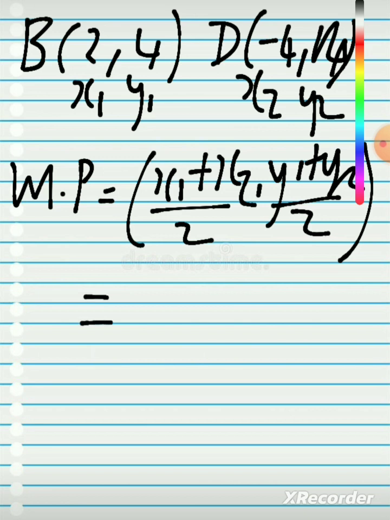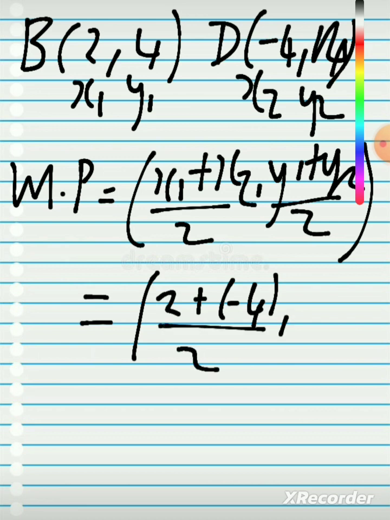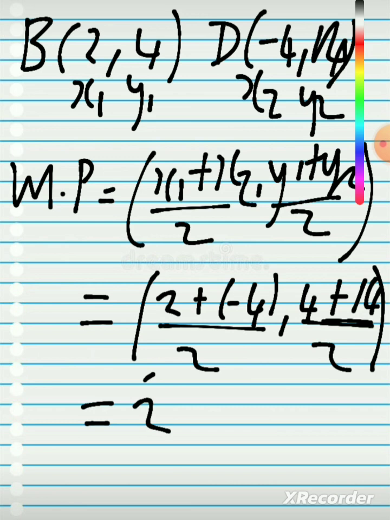Okay, so what's our x1? Our x1 is 2 plus x2 is -4 divided by 2. What's our y1? It's 4 plus y2 is 14 divided by 2. Okay, so it will be 2 plus -4 divided by 2. Let me just do this.